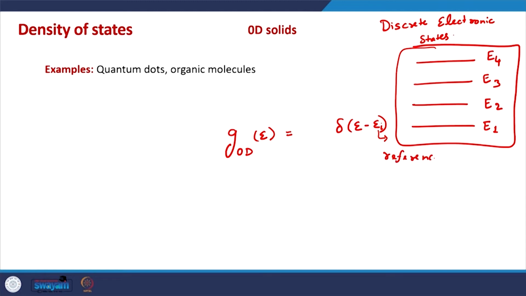If we take the reference to be 0, it will just be delta of E.